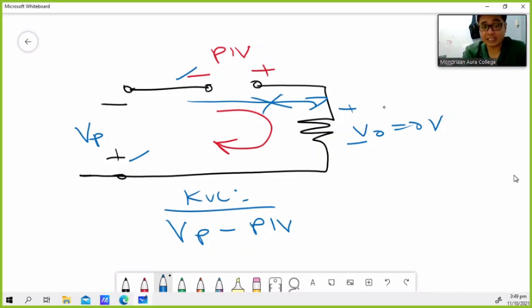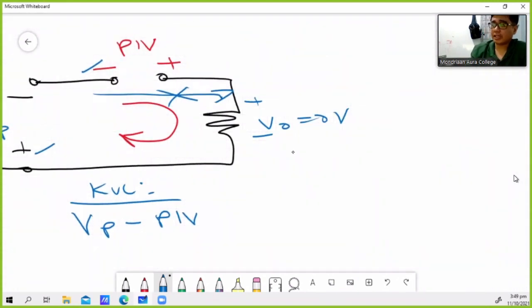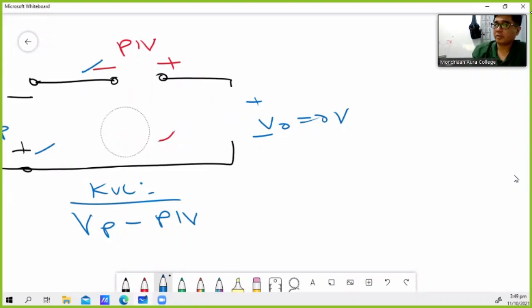So parang wire na lang siya. So i-redraw natin siya, no? So imbes na resistor siya, pwede siyang magmukhang wire na lang. Kulay natin. So ganito na lang siya. Okay? Since 0 ang kanyang output voltage.